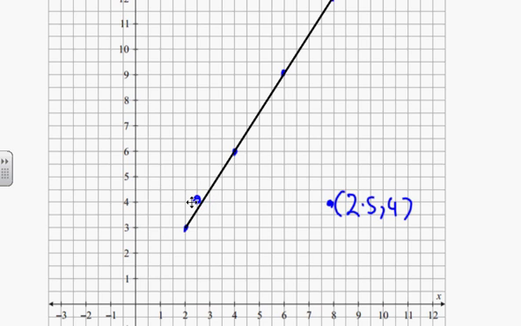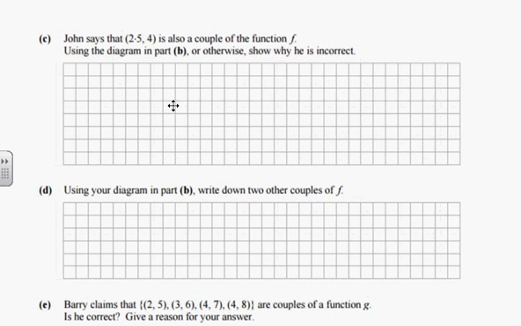That's just above the line, isn't it? It's got to be on the line to be a couple for that function. It's not on the line, is it? So it's not the case.